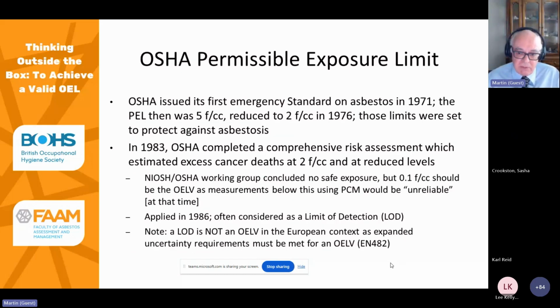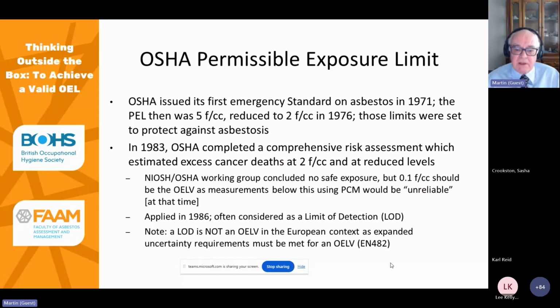OSHA has a permissible exposure limit, and this is the history of that permissible exposure limit. It ended up that the NIOSH OSHA working group concluded that 0.1 fiber per cc should be the exposure limit, as measurements below this using PCM would be considered unreliable at that time.